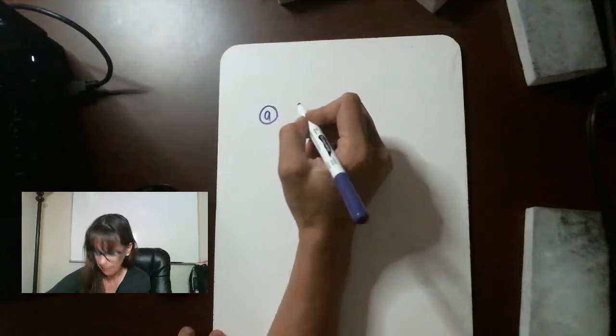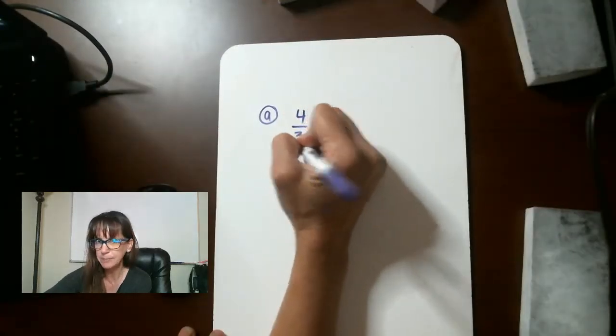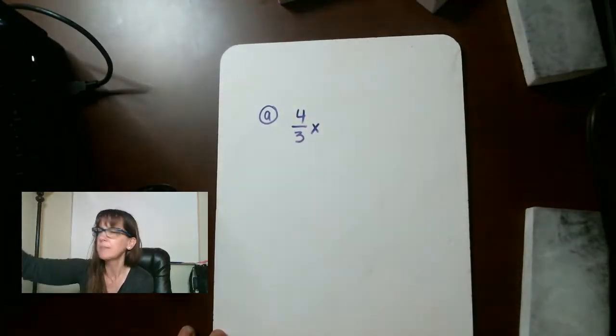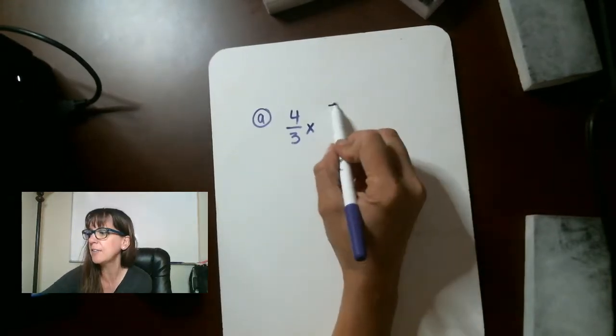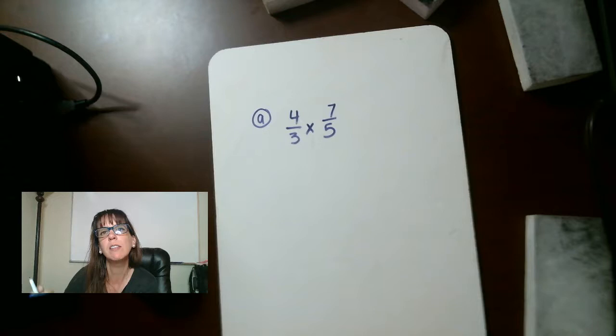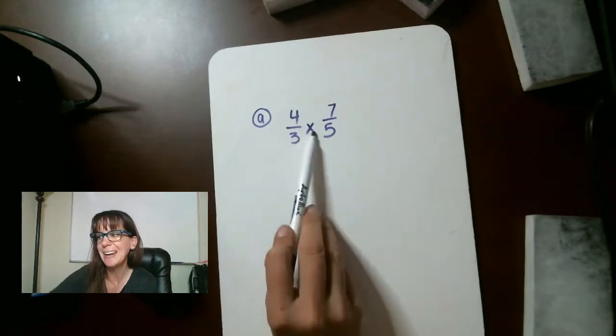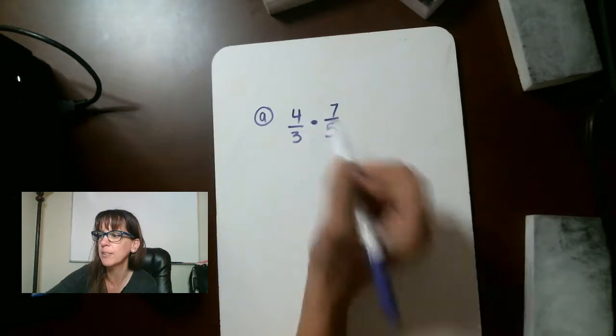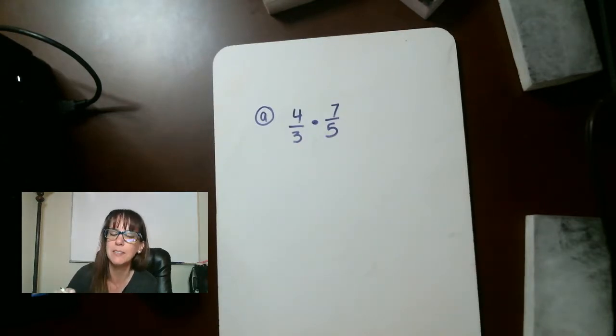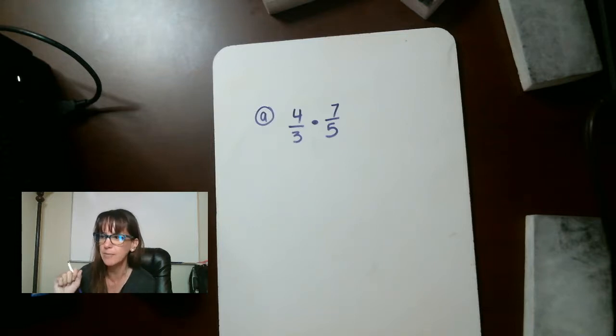For A, we have 4 over 3 times 7 over 5. And as we get a little further in algebra, that X for a times, I don't want you to use that anymore. I want you to use a dot or parentheses, okay? Every once in a while I'll slip back and use it, but for the most part going forward, you're going to want to use that.